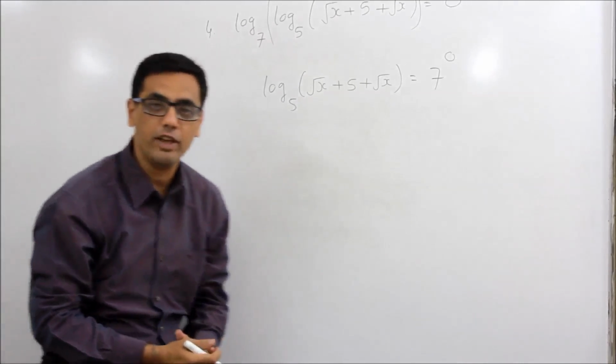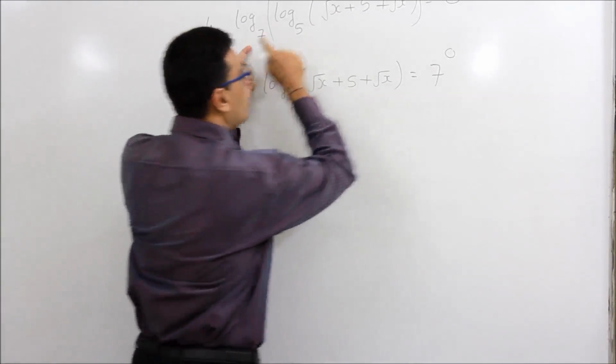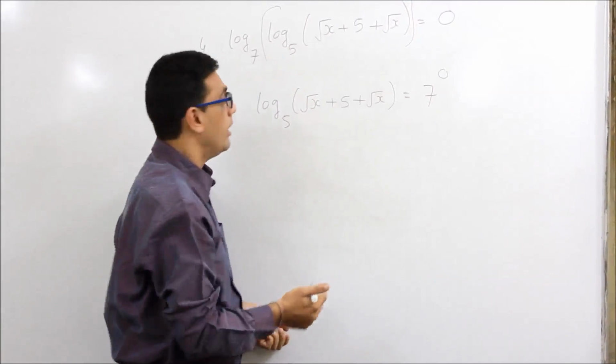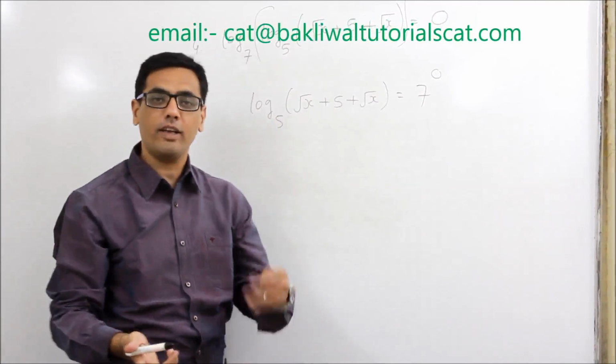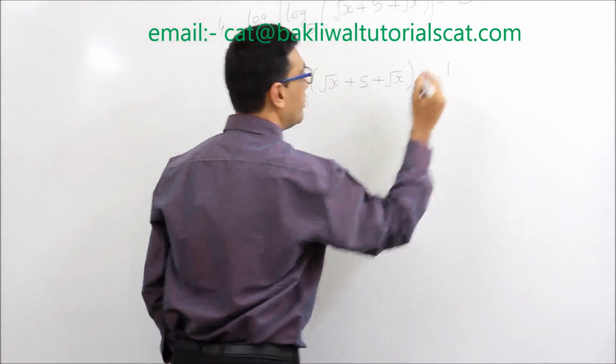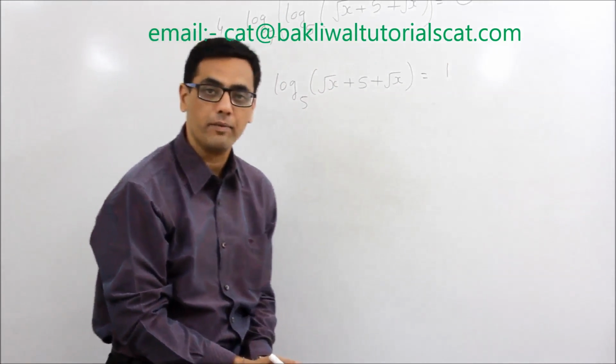The basic definition of log: the base will go on the right side and raise this. So 7 raised to 0 is what? Any number raised to 0 is 1. So I can write it as 1.